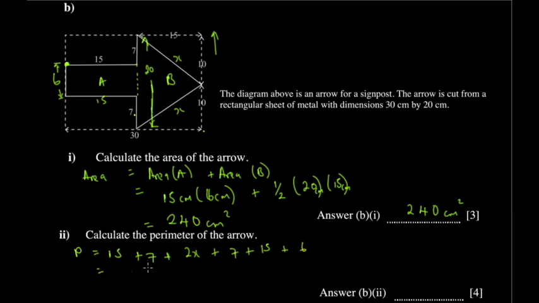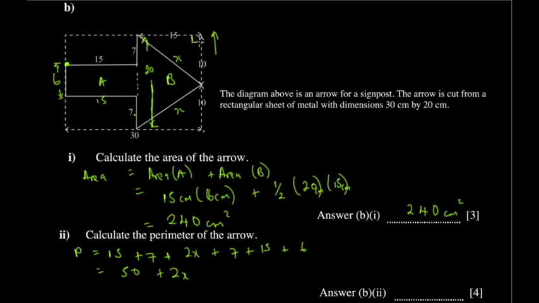You can add everything else: 15 plus 7 plus 7 plus 15 again, the symmetry, right? Then you add 6 here, and you get 50. So 50 plus 2x. Now the burden is finding x here.